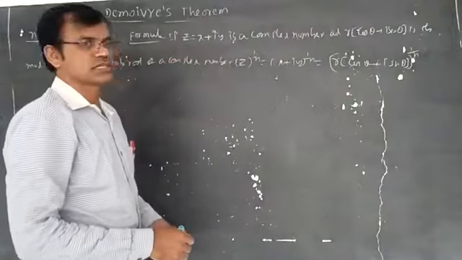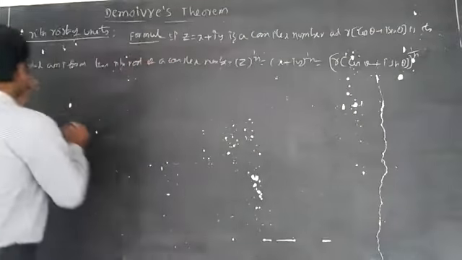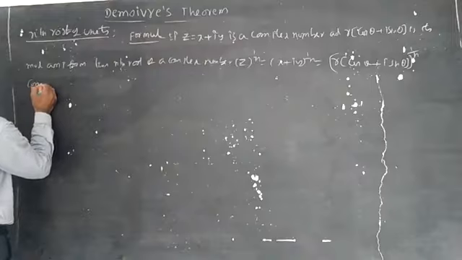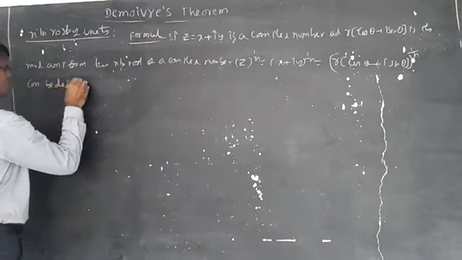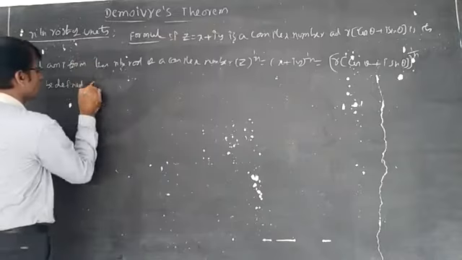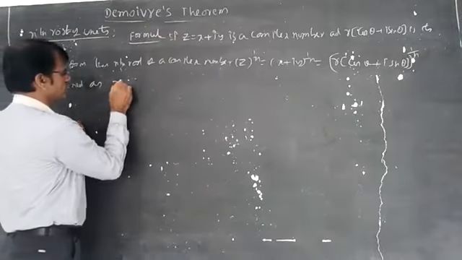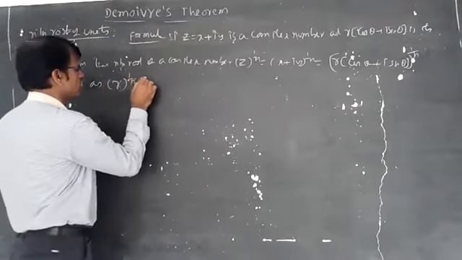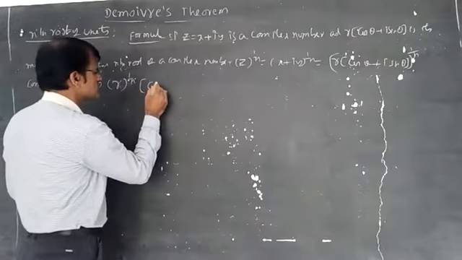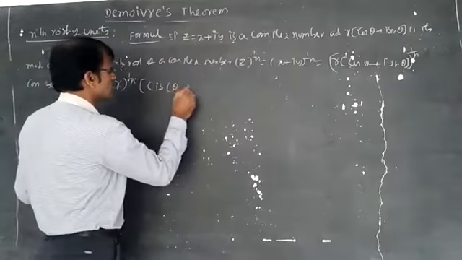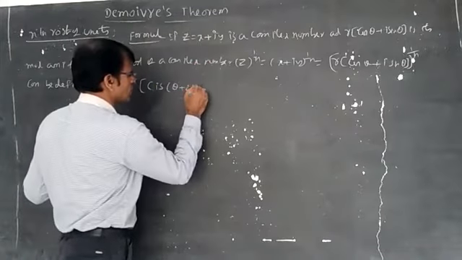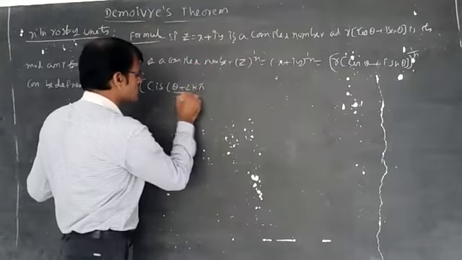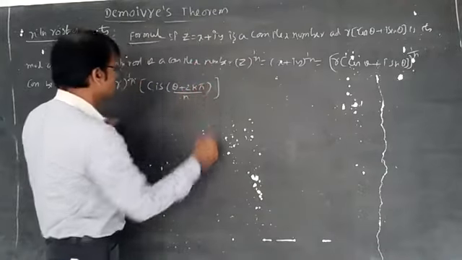R into cos theta plus i sin theta whole power 1 by n can be defined as r power 1 by n into cis of theta plus 2k pi whole by n.